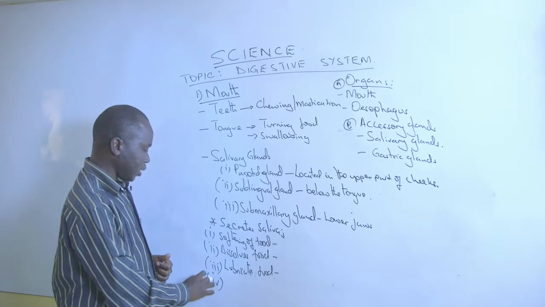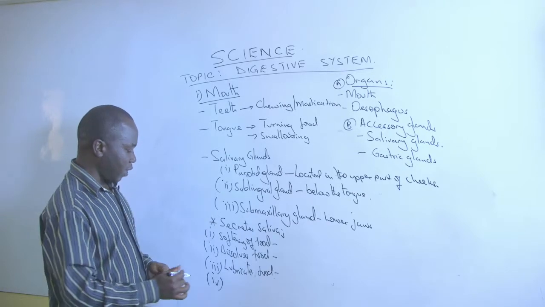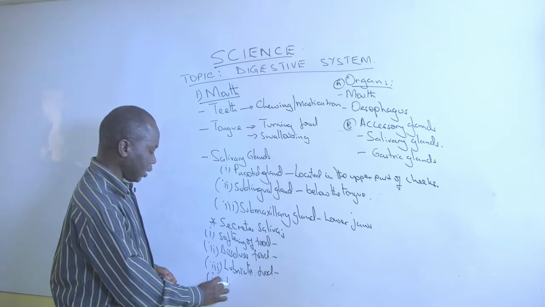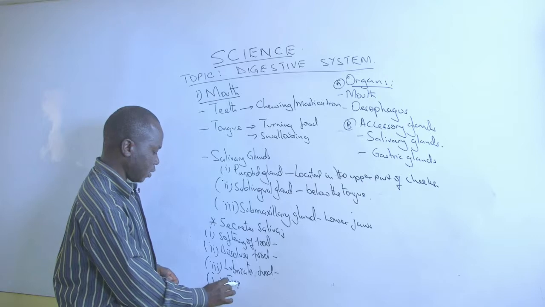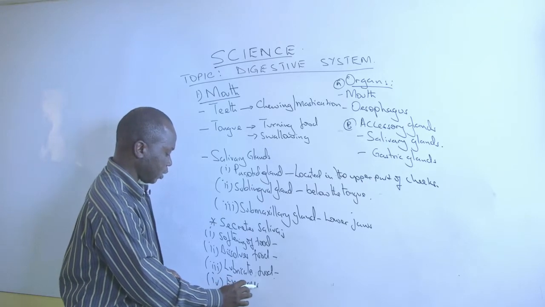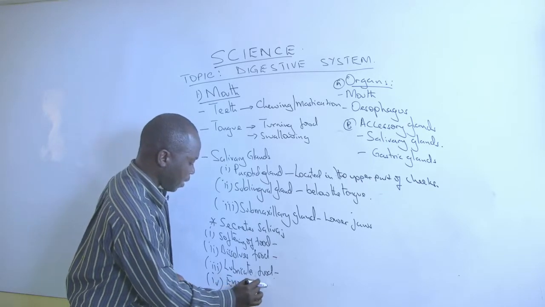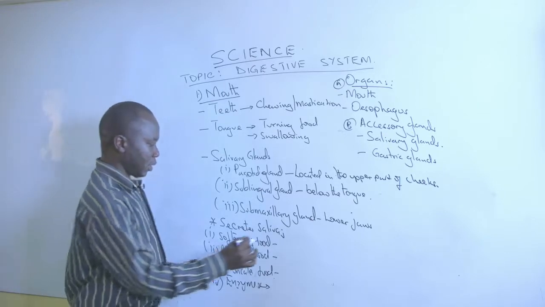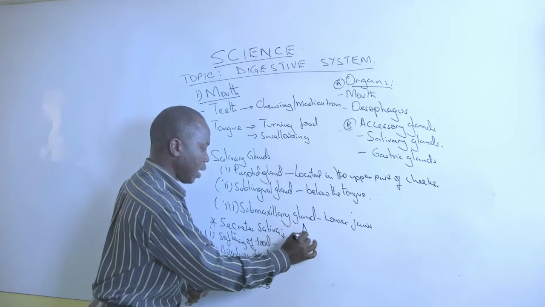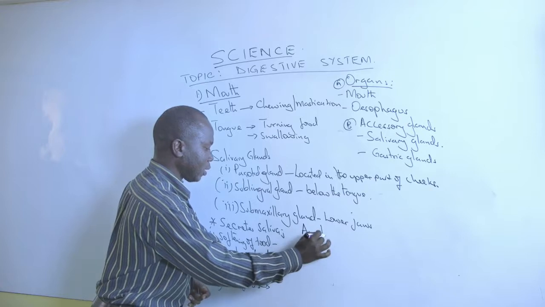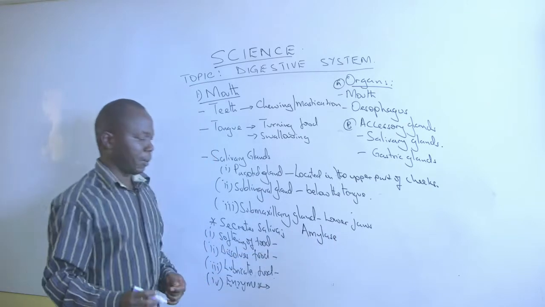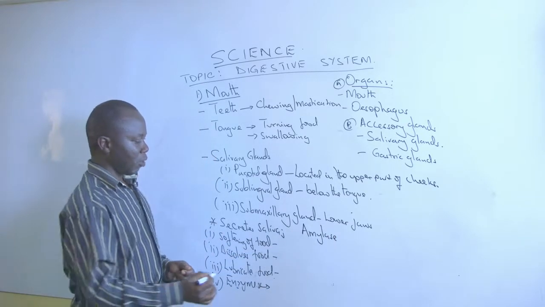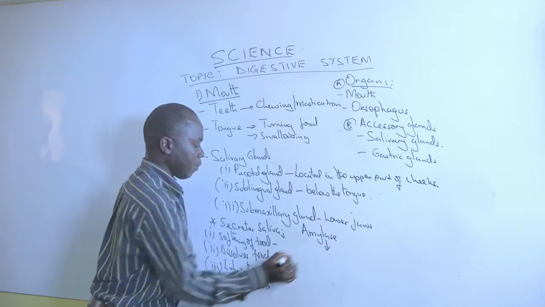And then the very important role of saliva is that it contains enzymes. The major enzyme found in saliva is called amylase. So what is the role of the amylase enzyme?